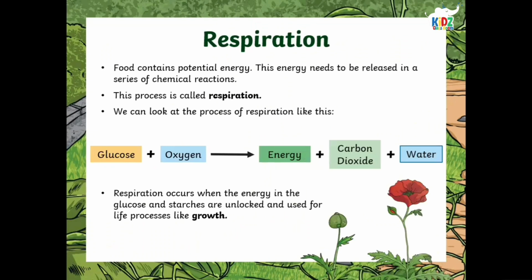Okay, so respiration, let's revise. Food contains potential energy, and this energy needs to be released in a series of chemical reactions, and this process is called respiration. So let's look at the process of respiration. Glucose plus oxygen gives energy, carbon dioxide, and water.